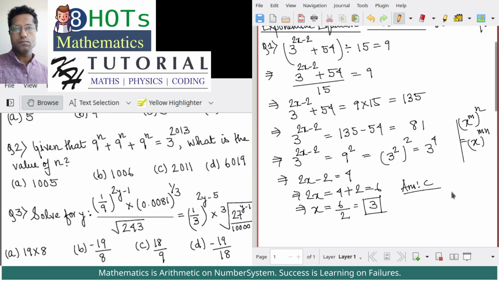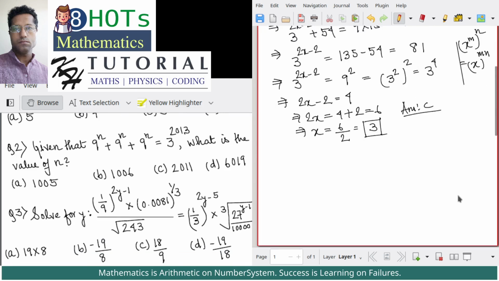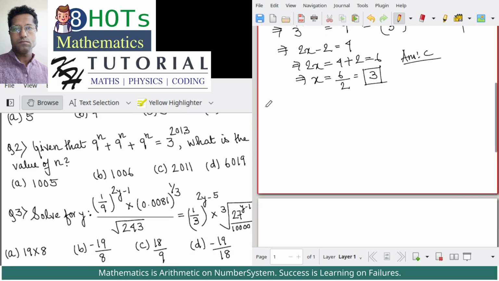Okay, let's do problem number 2. The equation given is 9 to the power n plus 9 to the power n plus 9 to the power n is equal to 3 raised to the power 2013.